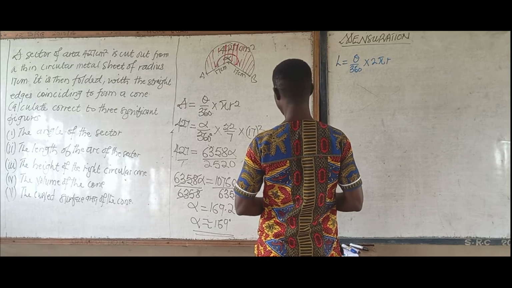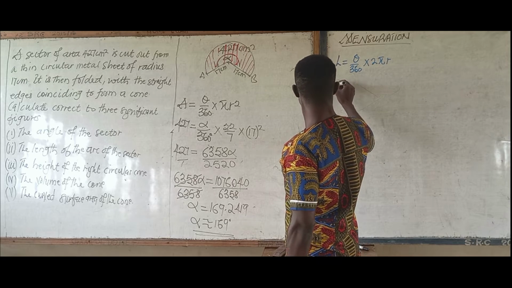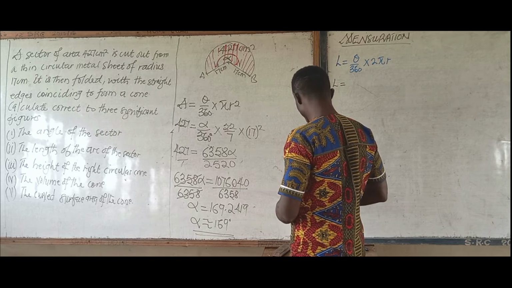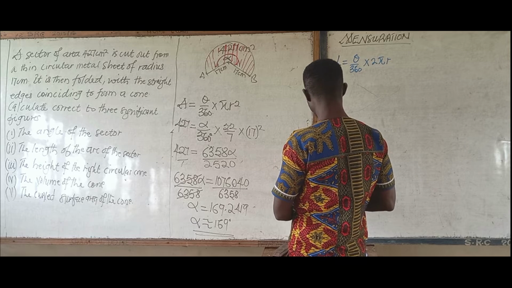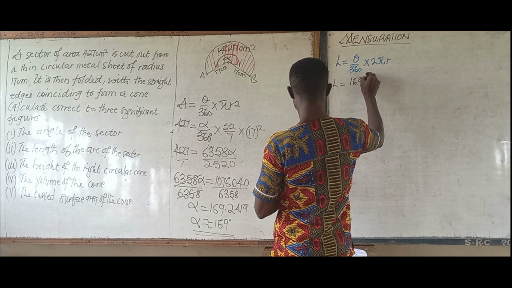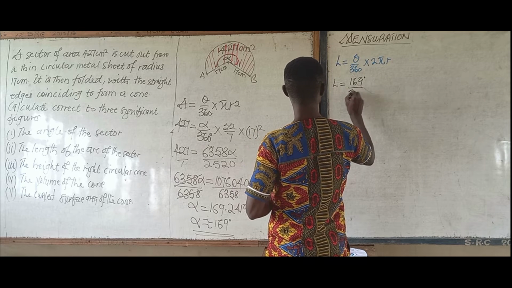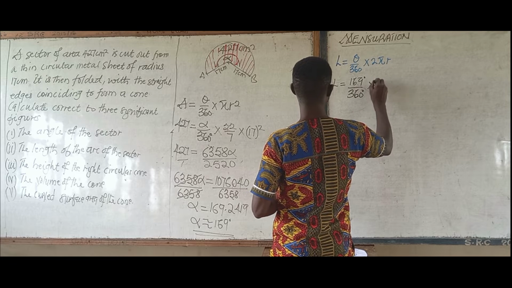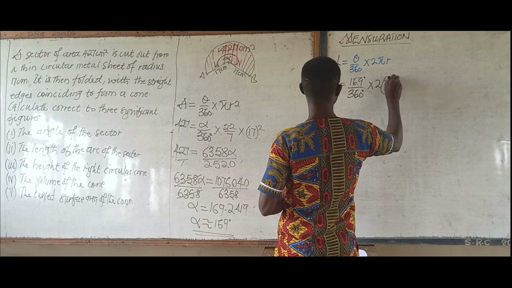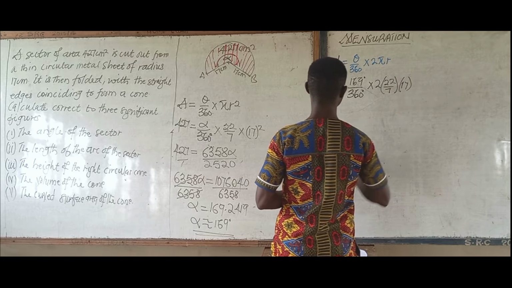What is our theta? Our theta is now 169 degrees. So L is equal to 169 degrees divided by 360 degrees times 2 times pi, 22 over 7, times the radius 17.